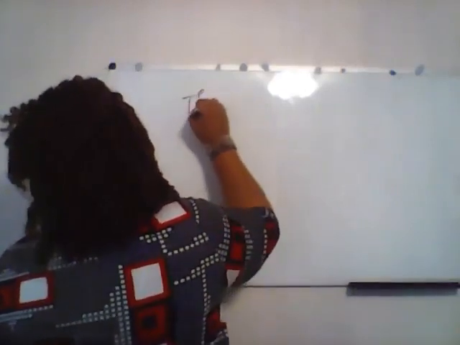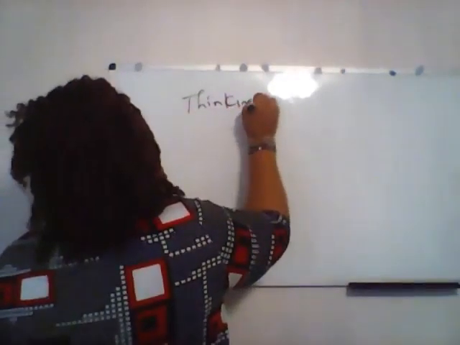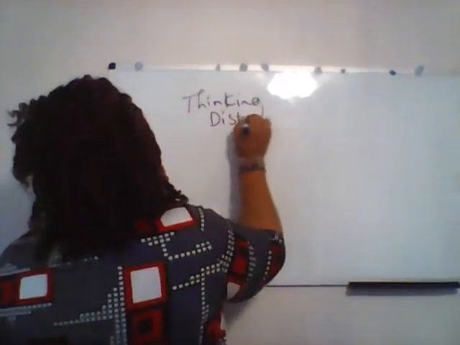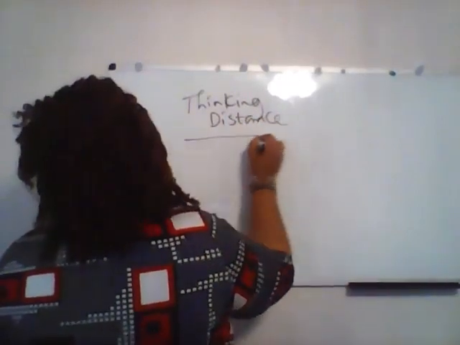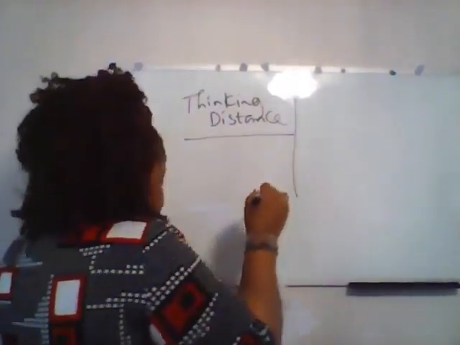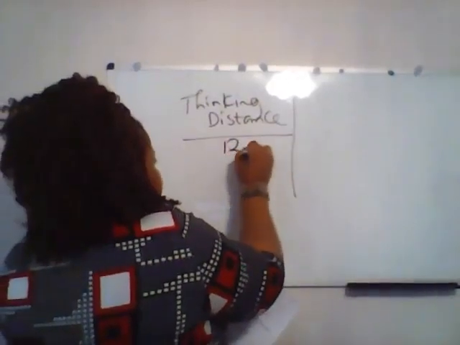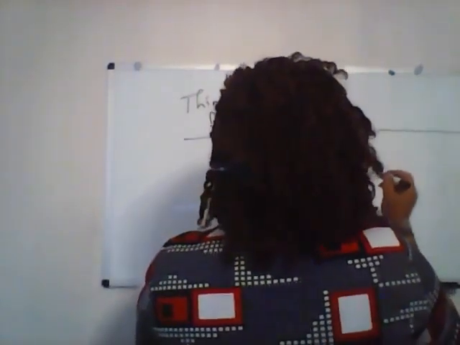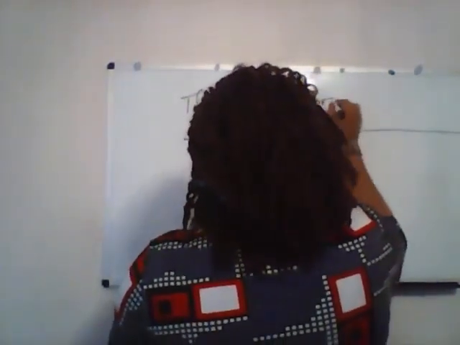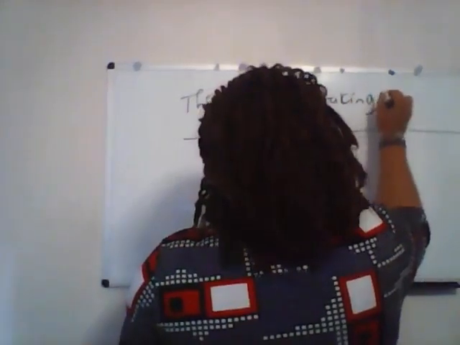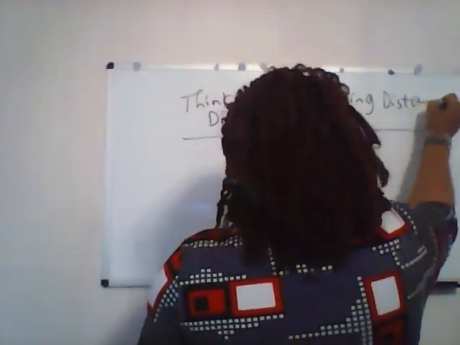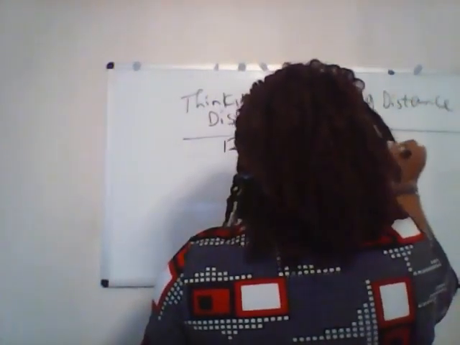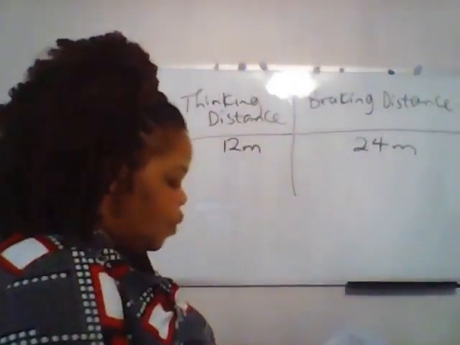Let's say the thinking distance is 12 meters, and the braking distance is 24 meters.